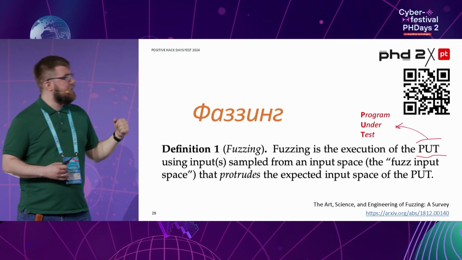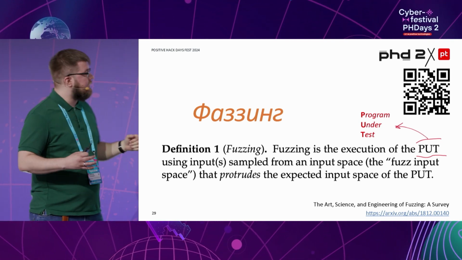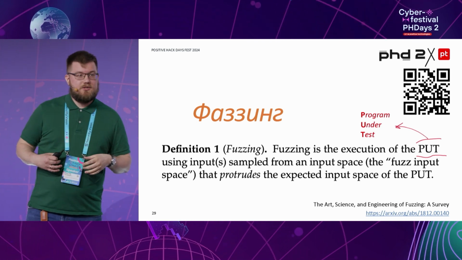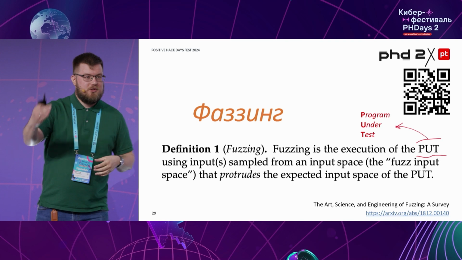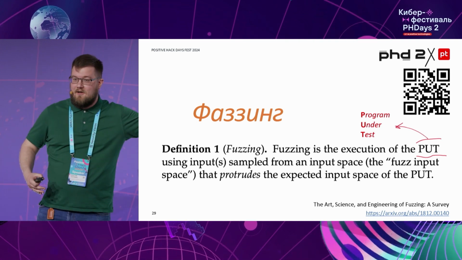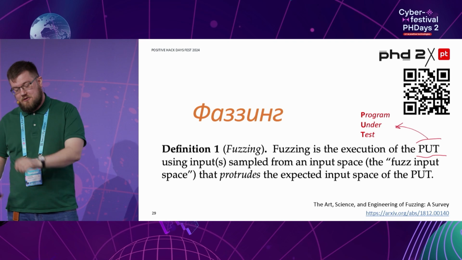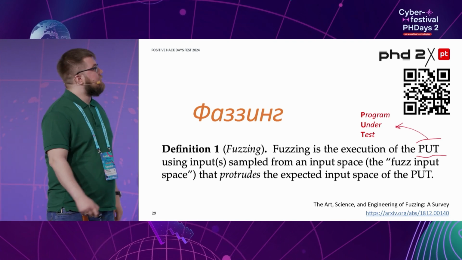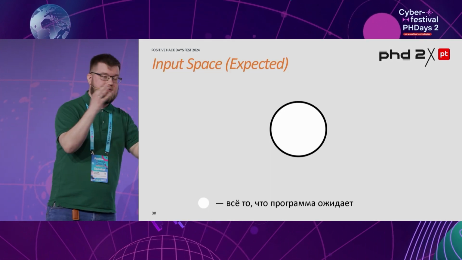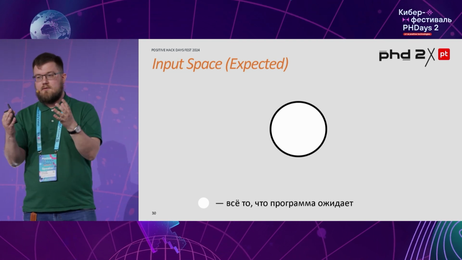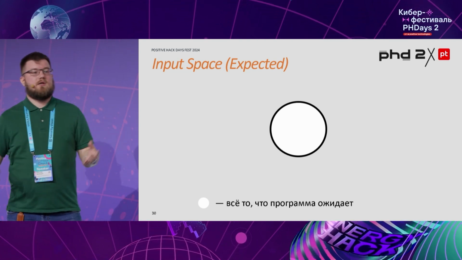They say that fuzzing is the execution of the PUT using input samples from an input space that protrudes the expected input space of the PUT. So in the English version, it's as confusing as it is in Russian. The idea is there is an input for the code.